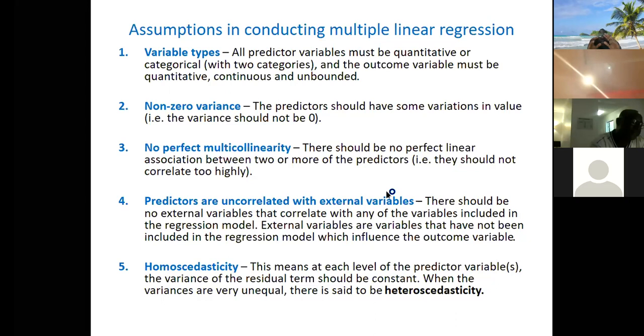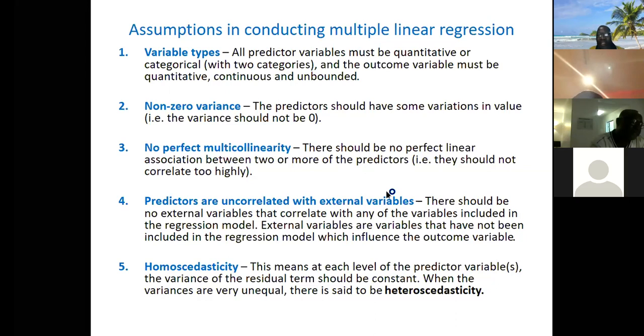So that is multicollinearity, when you have variables that perfectly correlate, their correlation is almost 1 or 1. That's perfect collinearity. You should not use that type of thing.